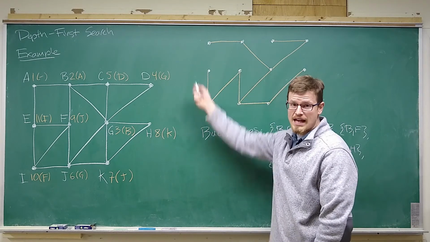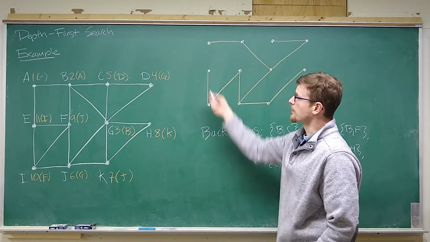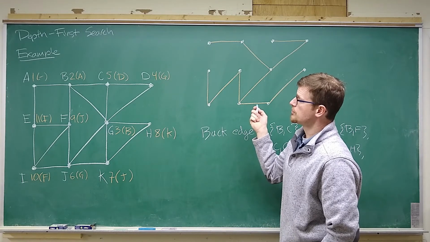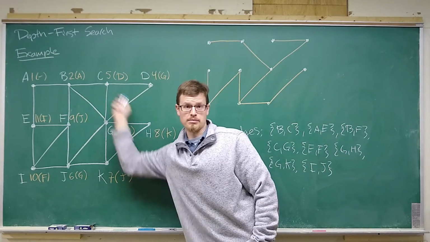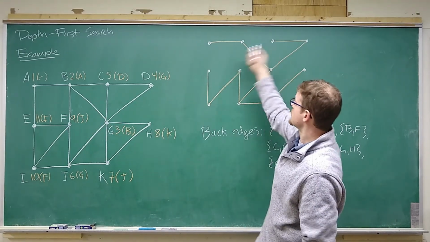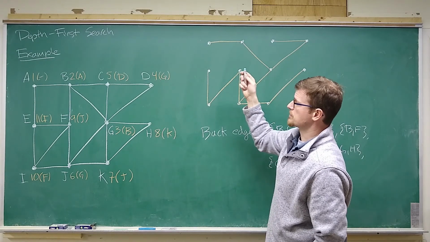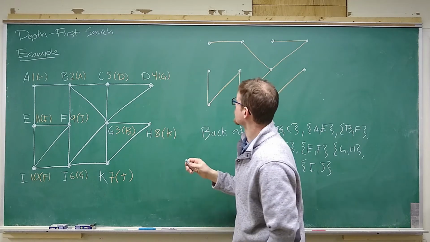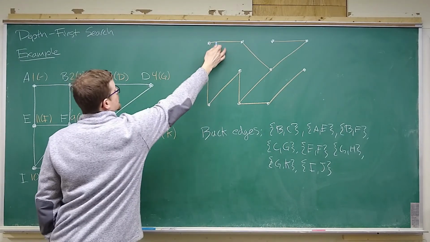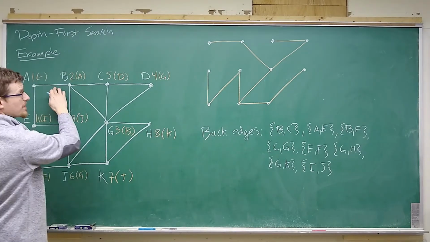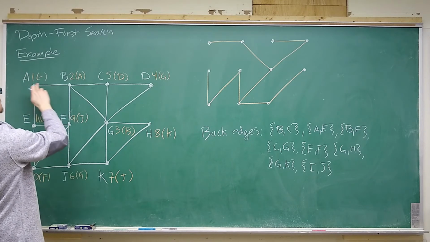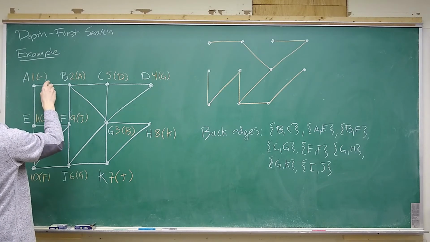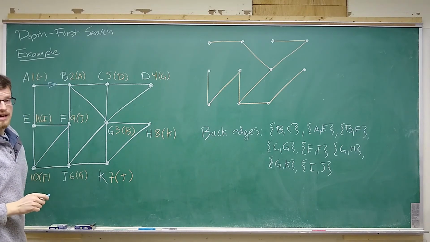For all of the tree edges, what we want to do is label them with the direction going from the smaller number to the larger. So here, this edge which is contained in the tree, we want to go from the smaller number to the larger number. So we get that direction.